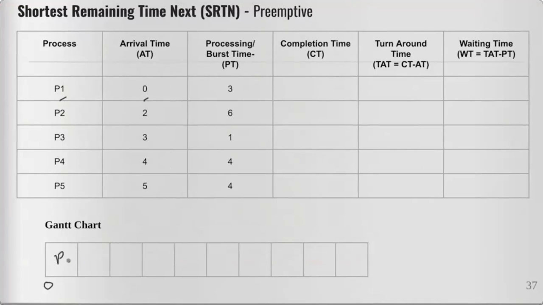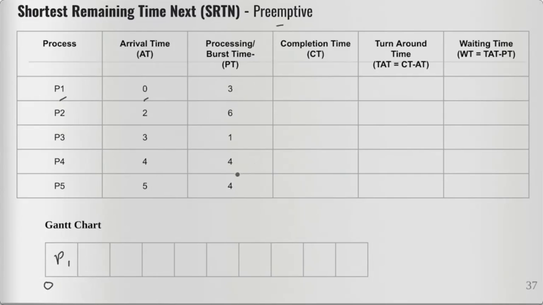So we'll move the P1 from the ready state to the running state, which is will start its execution. And since it has 3 processing time, we are not going to run it for 3 units like we did in other scheduling algorithms. The reason for that is because this is preemptive. Preemptive means that we need to allow other processes also to get a chance of execution.